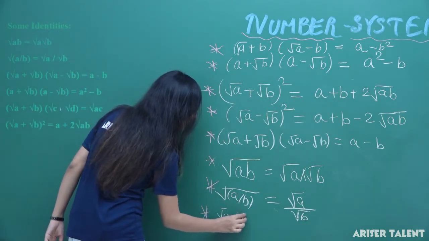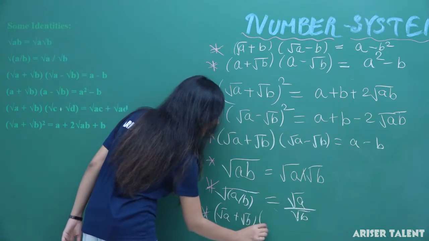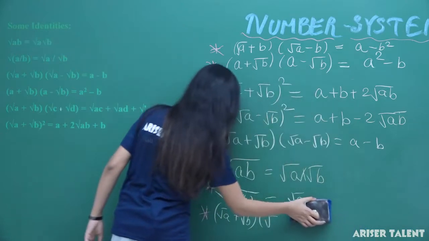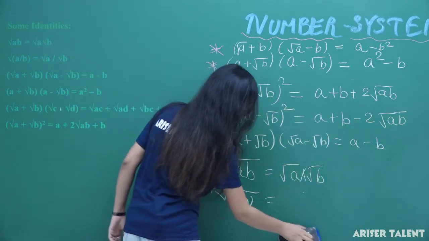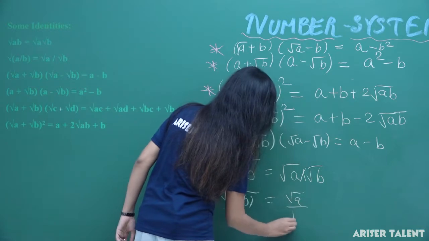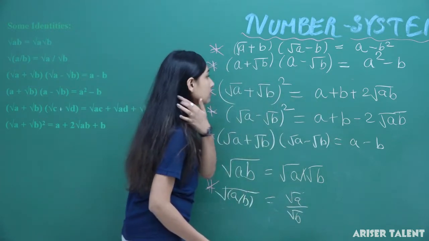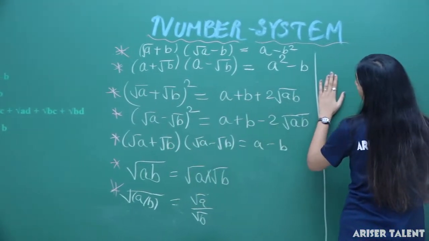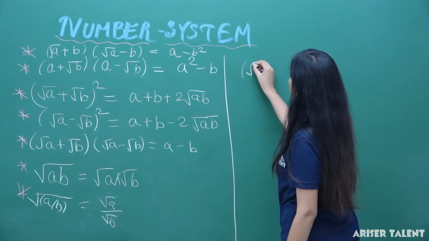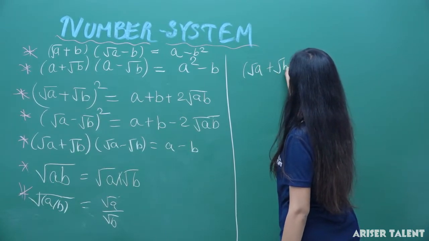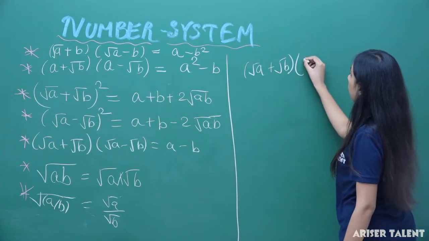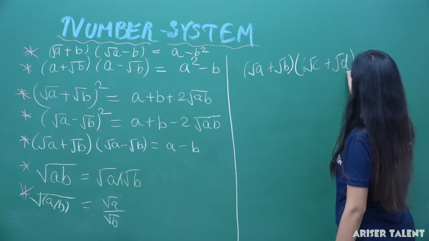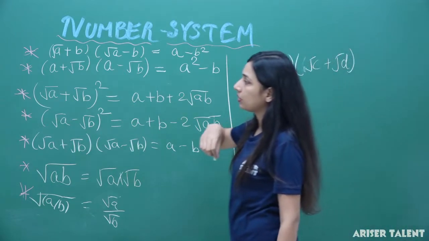Root a plus root b multiplied by root c plus root d, that will be equals to, this is the exact one.